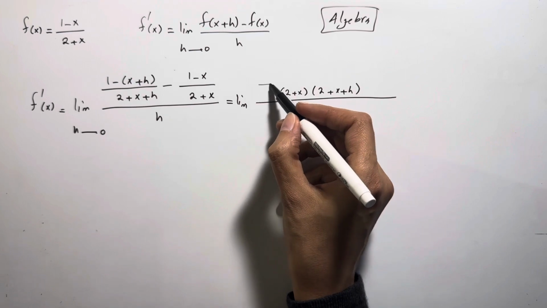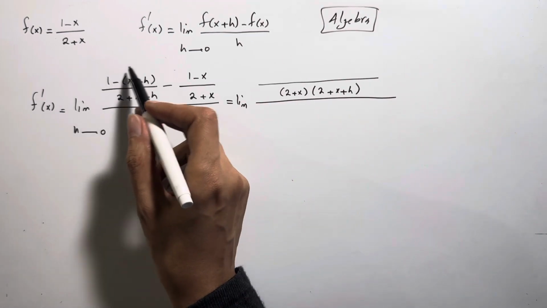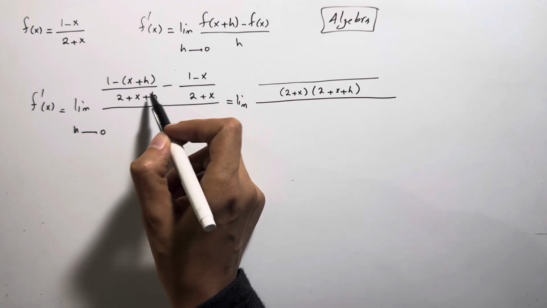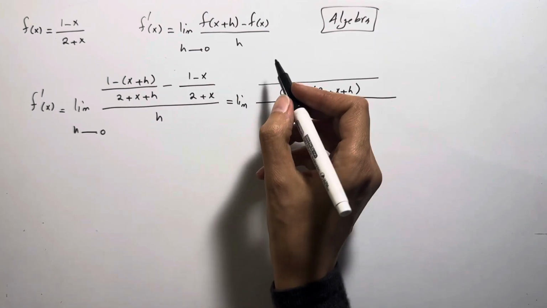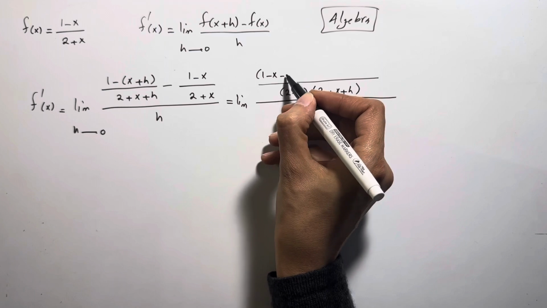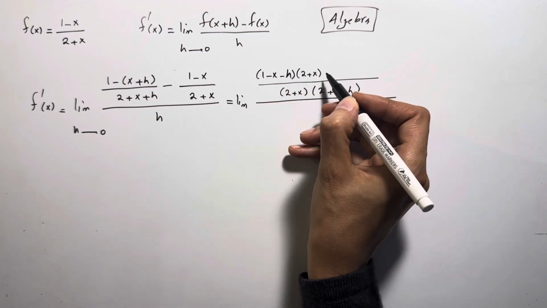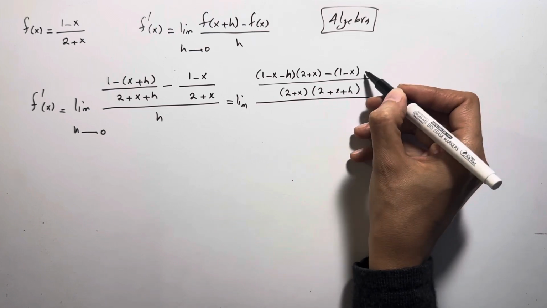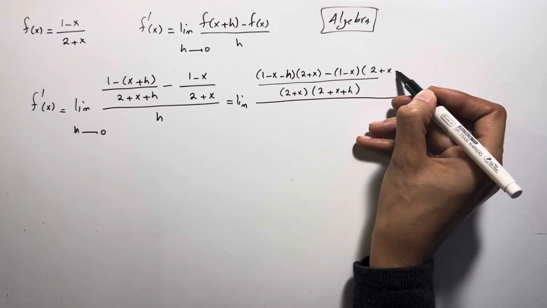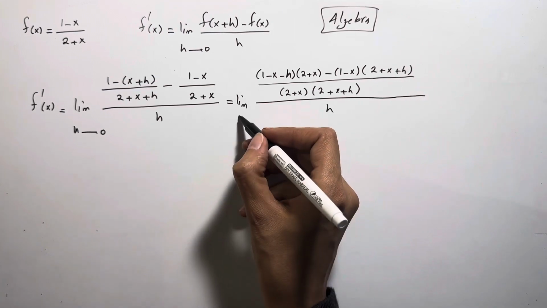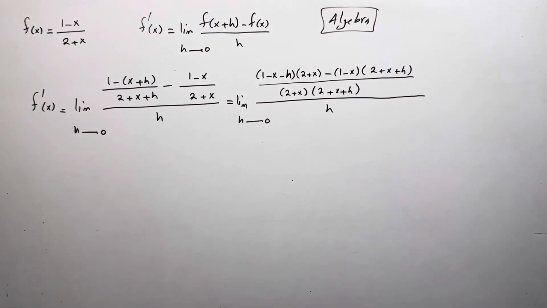And then on your numerator, you're going to multiply the first numerator by 2 plus x and the second numerator by 2 plus x plus h. So 1 minus x minus h multiplied by 2 plus x, minus 1 minus x times 2 plus x plus h. Everything is divided by h as h goes to 0.